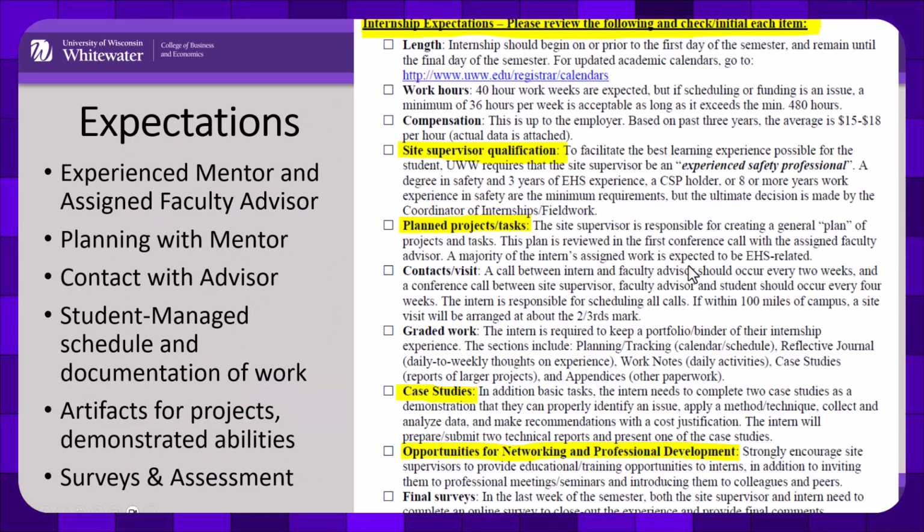So here, this may be older, but these are internship expectations. Your site supervisors should be qualified, and what that means is they should be able to give you some of the insights we've talked about here. What have they experienced? What has worked for them in proposing recommendations or acquiring funding? What doesn't work?